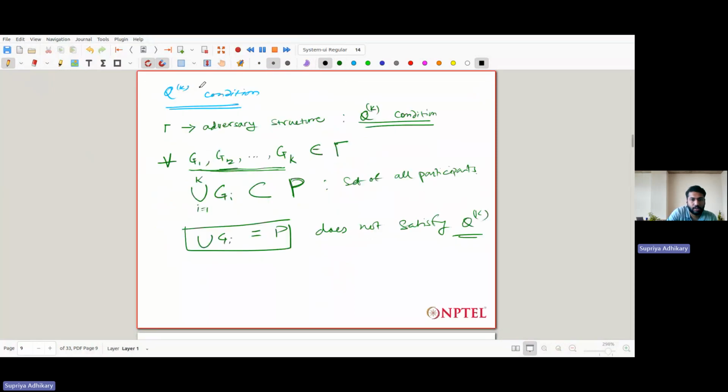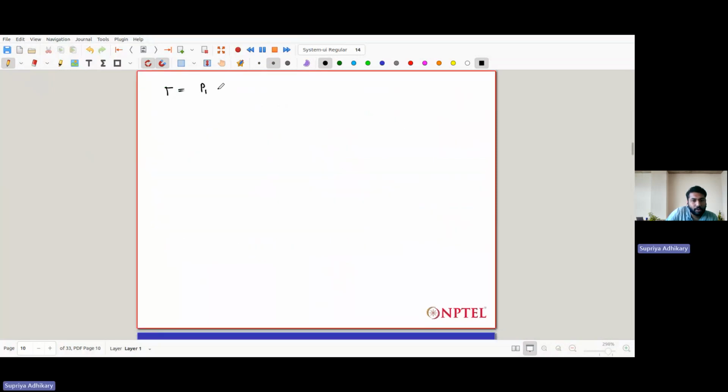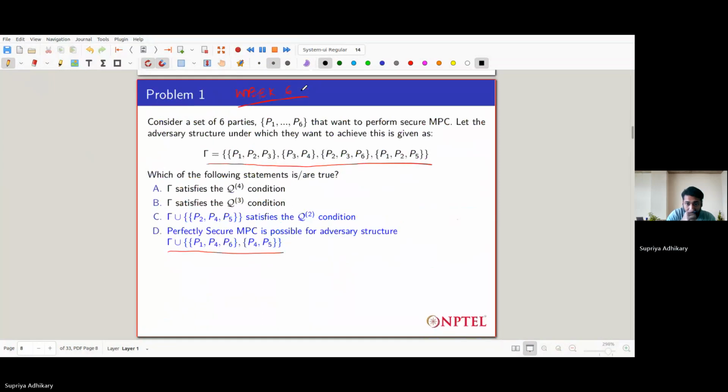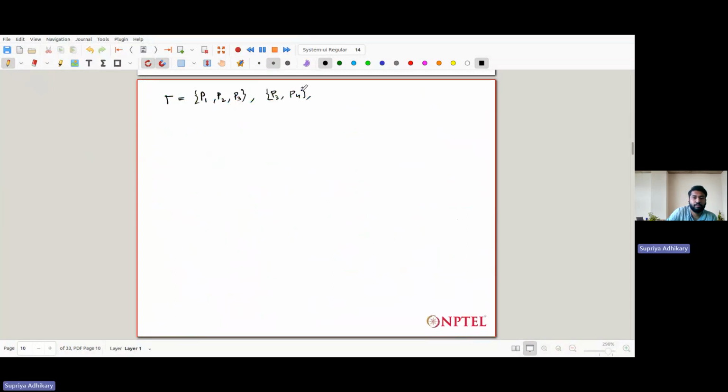Gamma over here is {P1, P2, P3}, {P3, P4}, {P2, P3, P6}, {P1, P2, P5}.